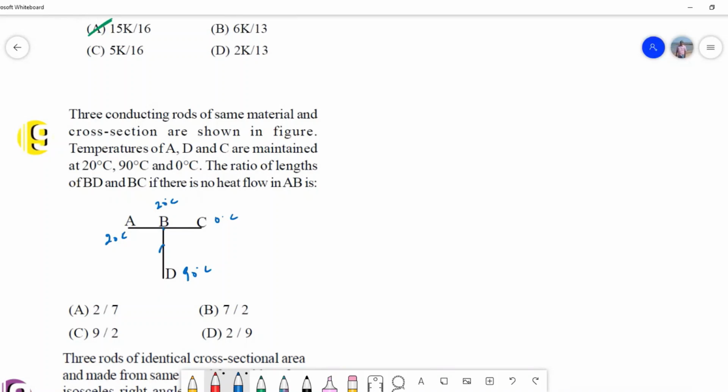So heat will flow like this. This is how heat will flow. So simply, if we equate the temperature gradients, I'll get the answer. So let us write: 90 minus 20 upon BD is equal to 20 minus 0 upon BC.